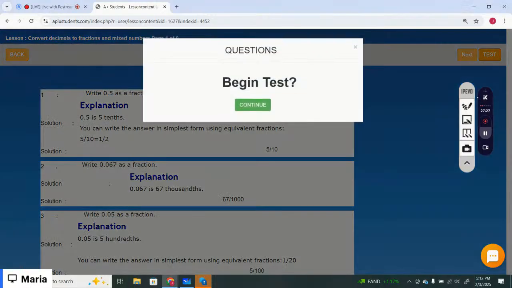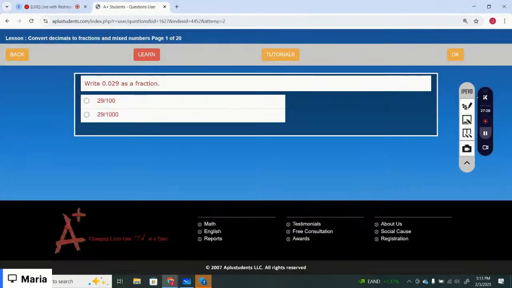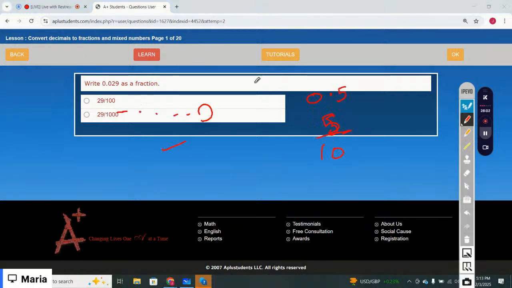Okay, let's just start with the test questions. Write 0.029 as a fraction. So how do we write 0.029? We have to put a 1 for the decimal point.